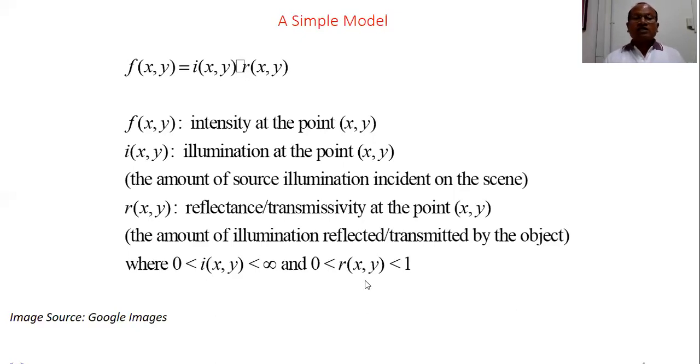What about r? You see here r is between 0 and 1. It is less than 1 and greater than 0. Greater than 0 means it is positive, so there will always be some reflectance. When you can see an object, it means there is some reflectance.